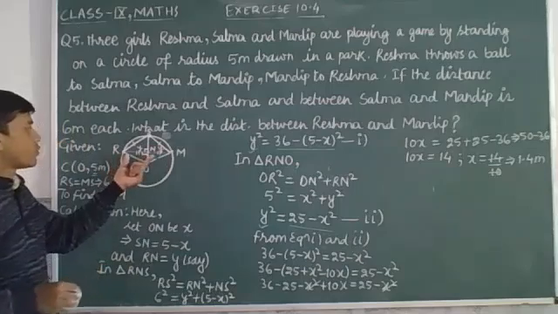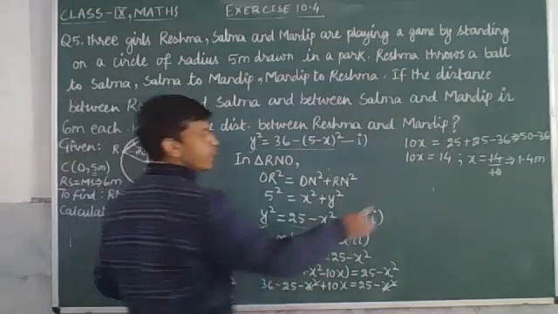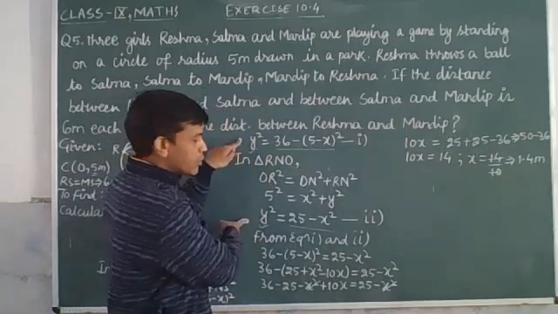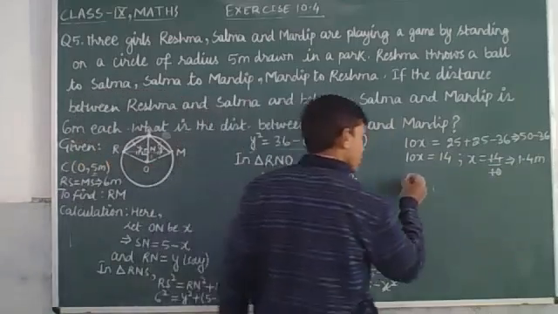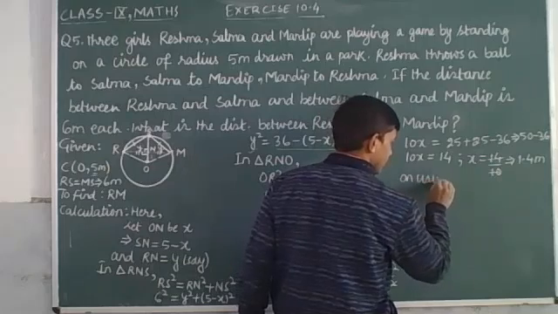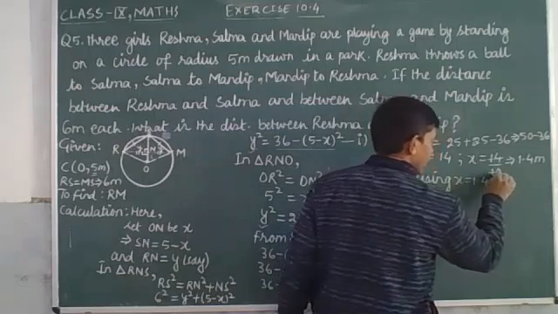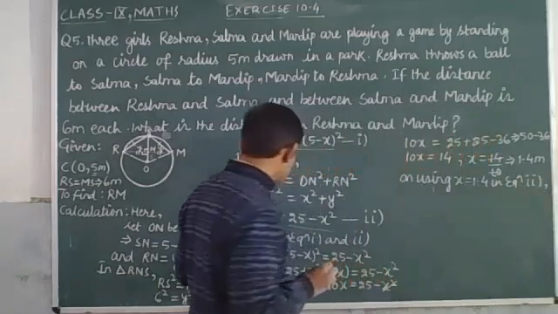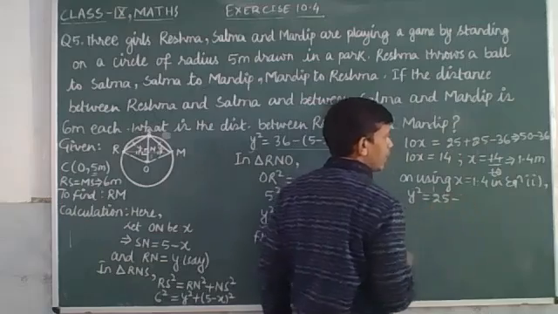Double of y actually. And for this, let's calculate y at first. So we use this x equals 1.4 meters in either of these two equations. So let's use x equal to 1.4 in equation second. On using x equals 1.4 in equation second, we get this y square equals 25 minus x square.